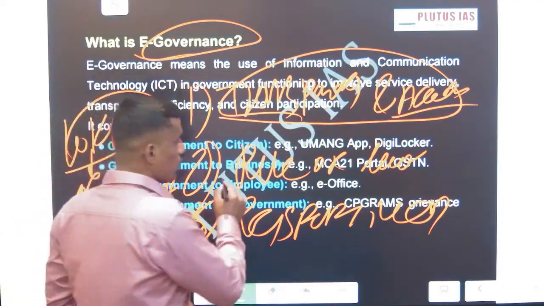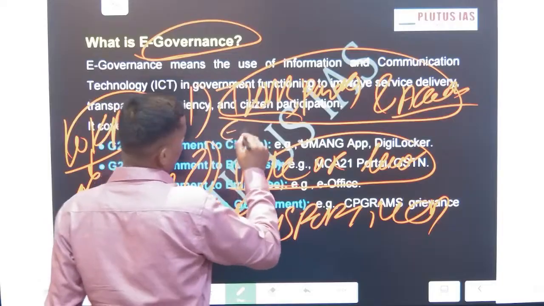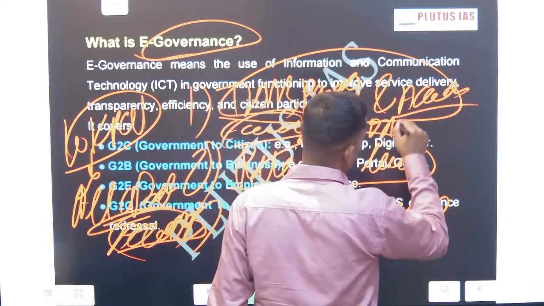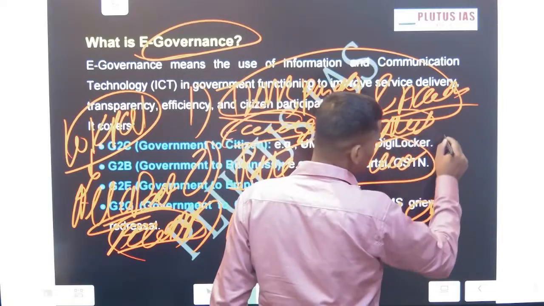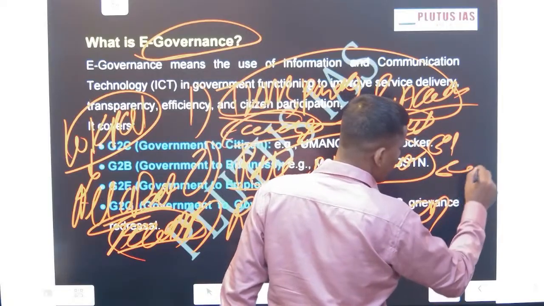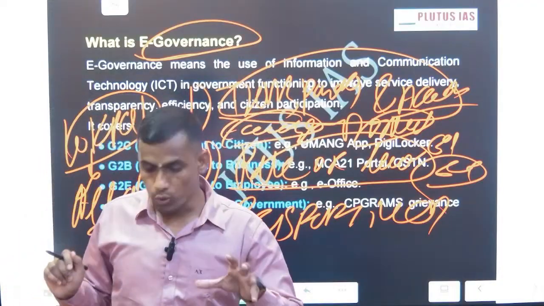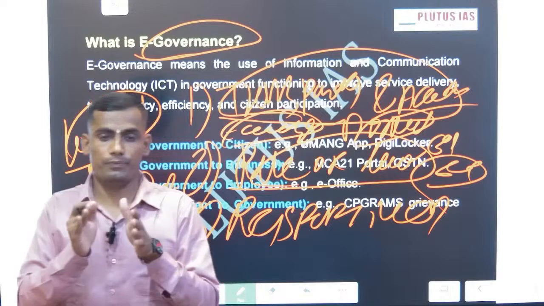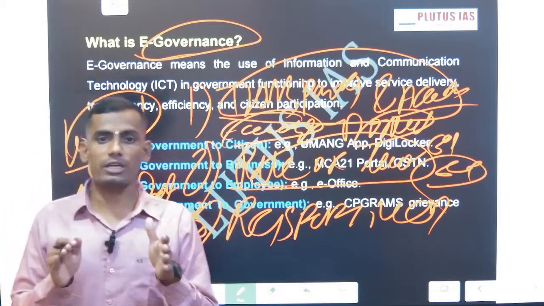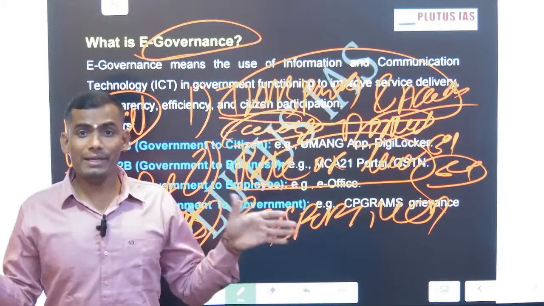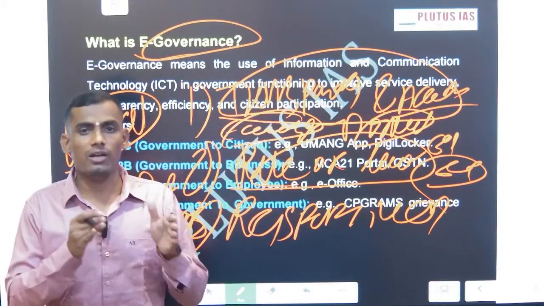Now next is rule of the law. If you see e-courts projects or digitalization of Supreme Court proceedings, or use of ICT, use of technology in the court to maintain the rule of the law. Even the police records, there is one national grid controlled by the Ministry of Home Affairs, which provides the entire database on criminals or offences.